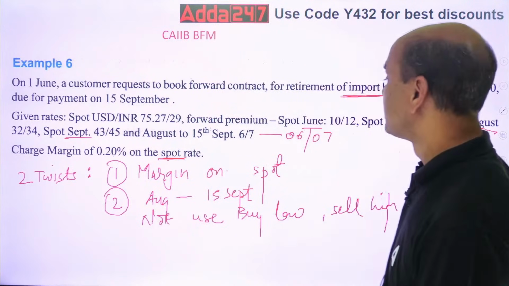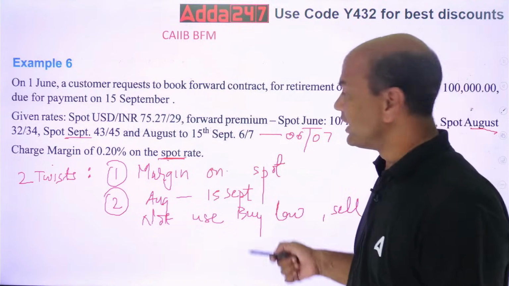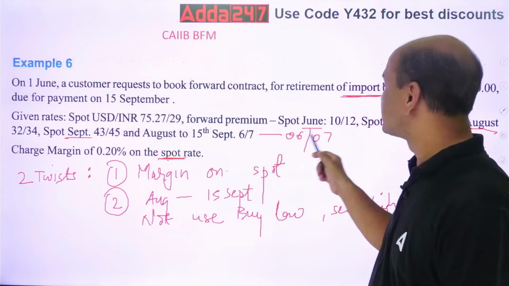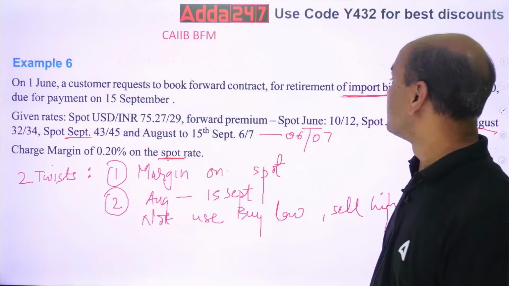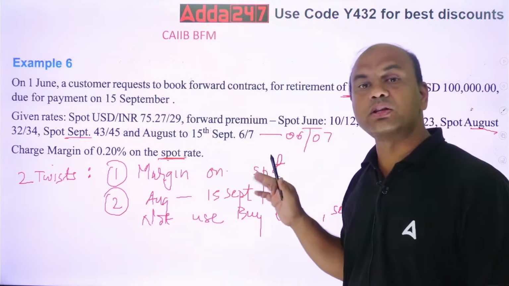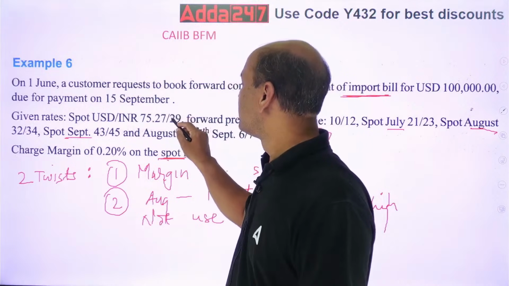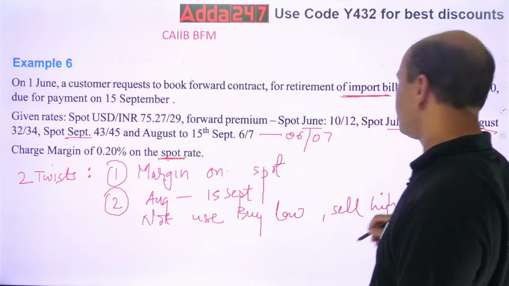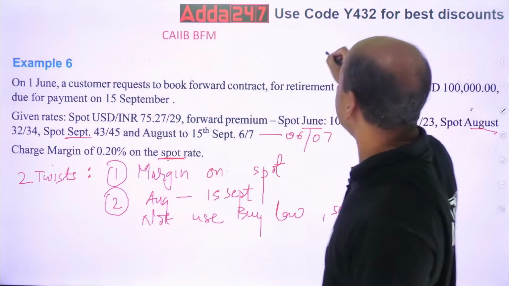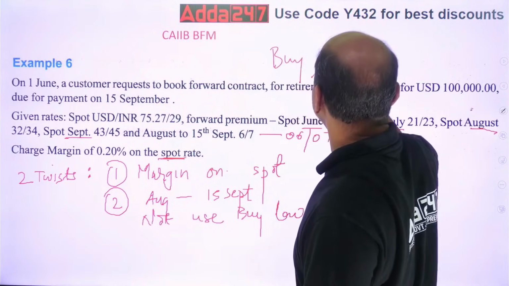So keeping these two in mind, let's move ahead. Always remember, 6, 7 means two digits, 06, 07. Now kindly note, we are focusing on the import bill, so we'll be focusing everywhere on the right side, not the left side. This side is always buy, this side is always sell.